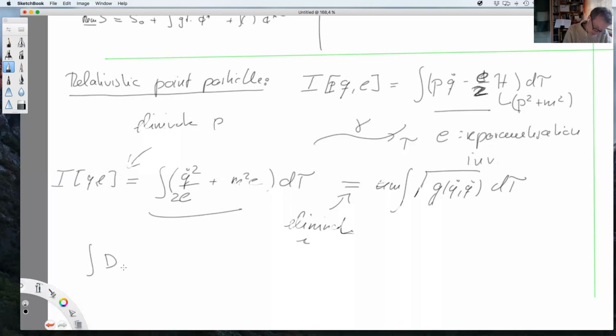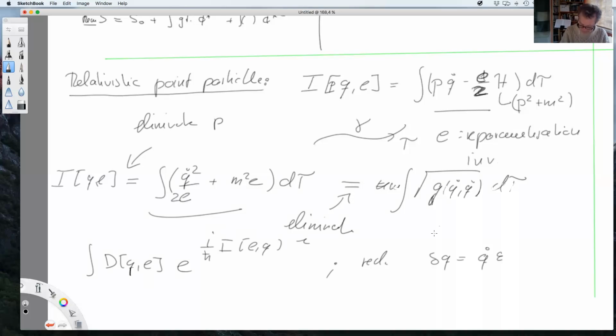Now the thing is, though, suppose I want to do the path integral. I want to do dq and de of e to the i over h bar I. I will see immediately that I need to gauge fix, right? Because there's this redundancy, which means that delta q is equal to q dot times epsilon, so let's say tau goes to tau plus epsilon of tau, a small reparameterization, and then delta e is something like e times epsilon dot, I think.